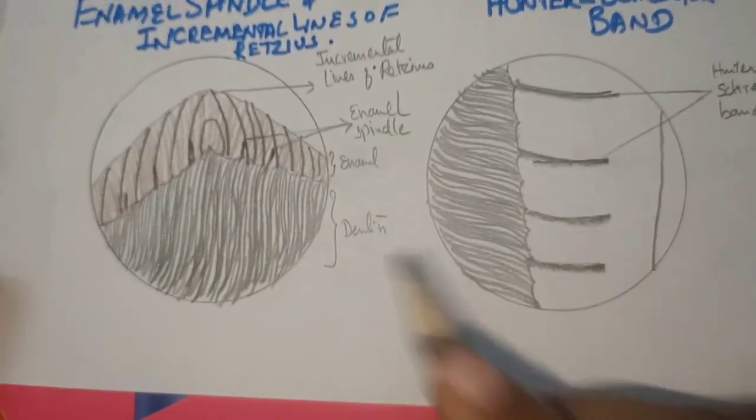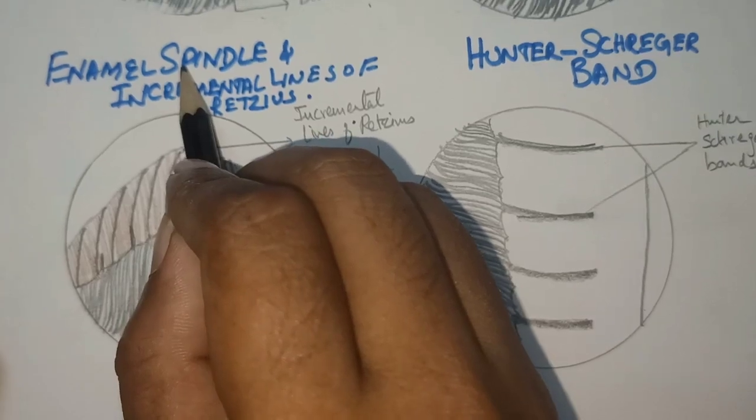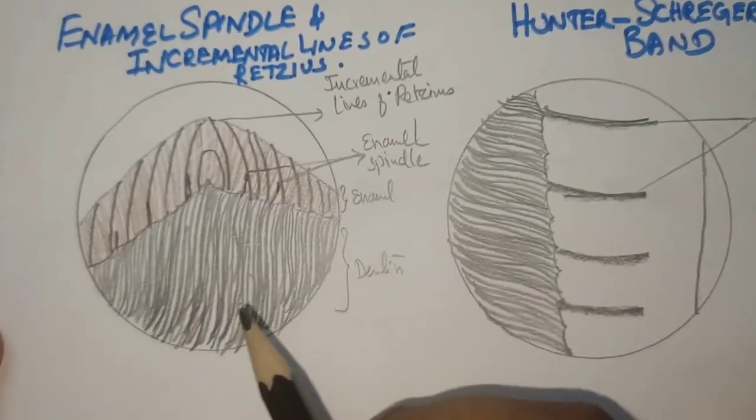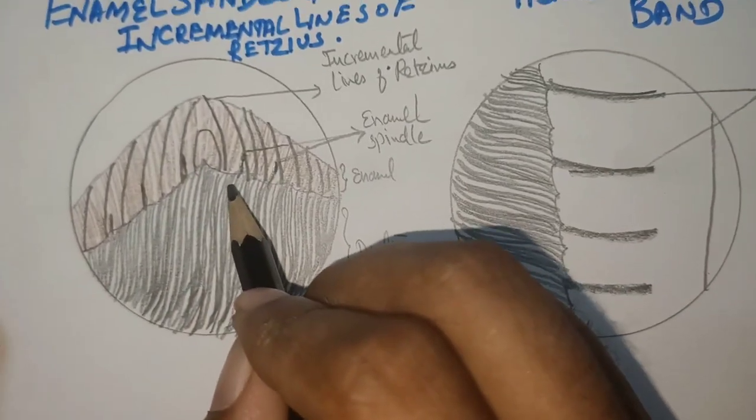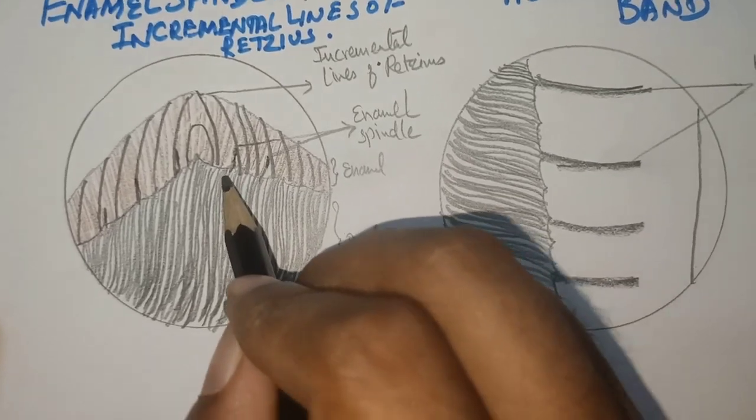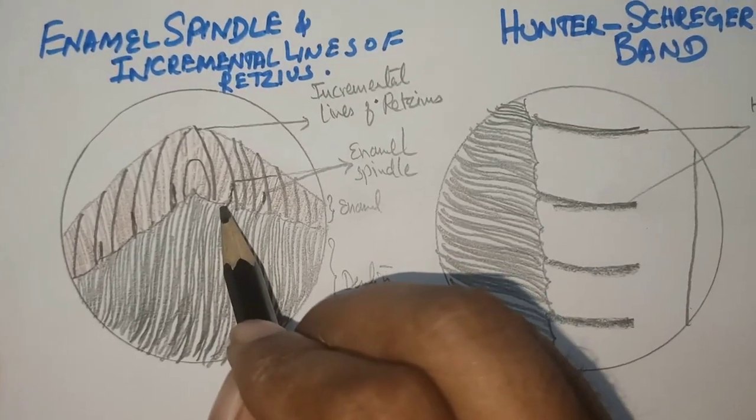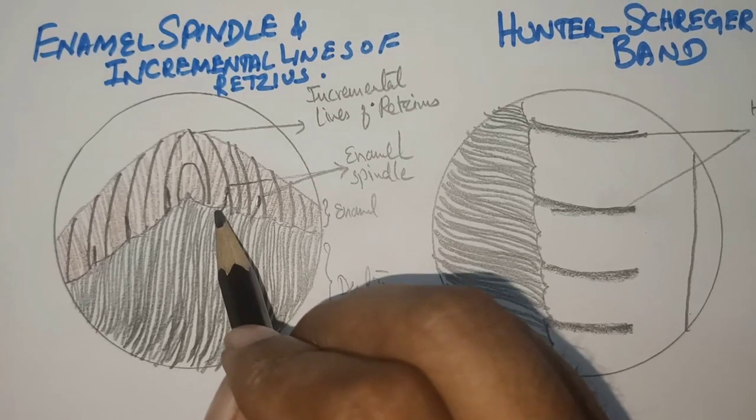When you are asked what is an enamel spindle, you write that it's nothing but an extension of odontoblast. These are dentinal tubules that consist of odontoblast cells that produce dentin.